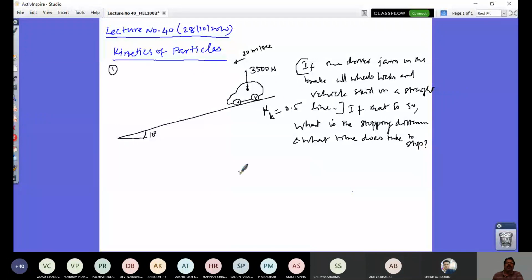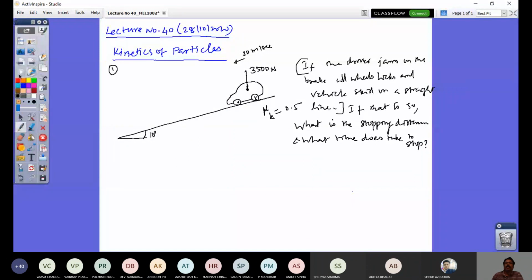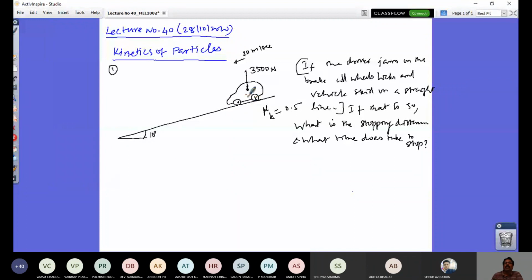So this can be solved by drawing your free body diagram and its effect diagram. So this is your weight, and since all wheels are locked, the geometry of this car is not considered. So I will have here its weight, normal, and this will be going against the kinetic friction force, that is 0.5 times N, and there is no other force, right?